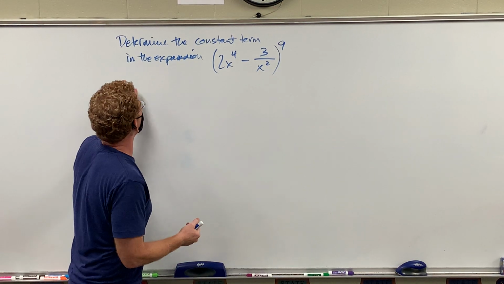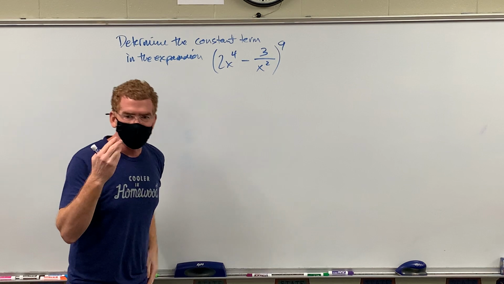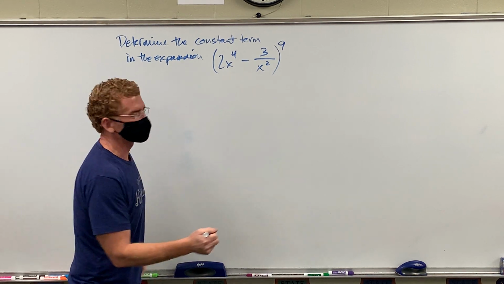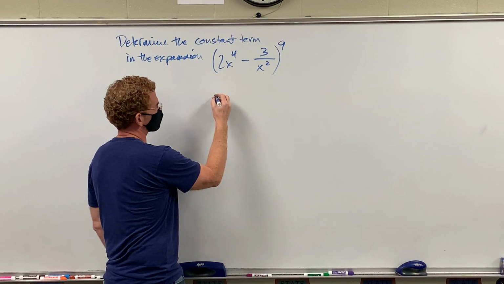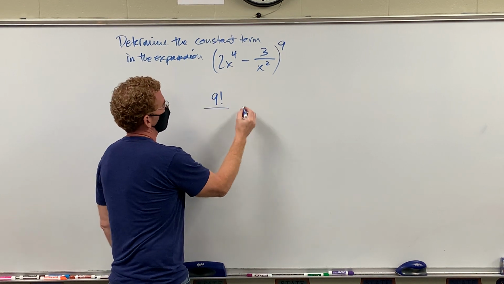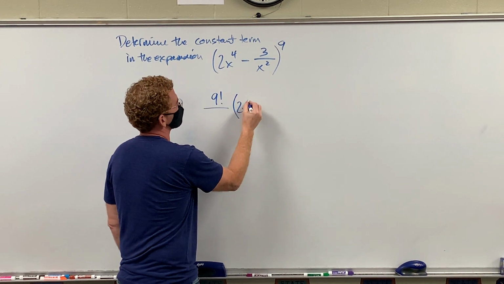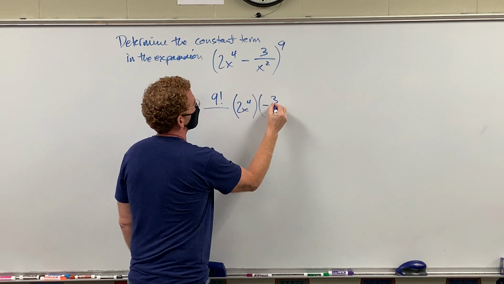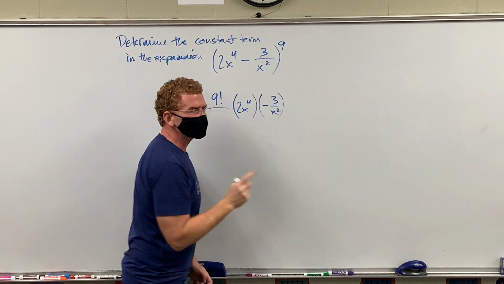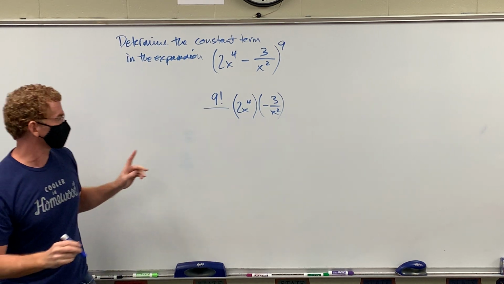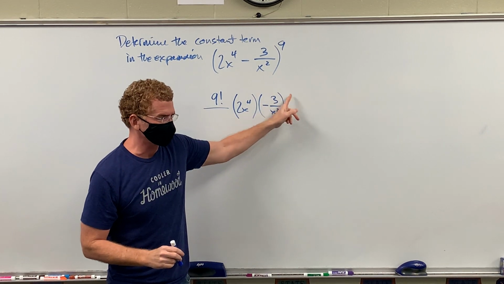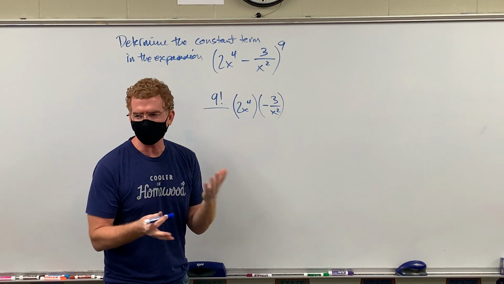But now watch. You don't even have to overly think too much. Because anytime I'm asking for a certain term, what can you always do from the beginning? 9 factorial over something, and then you can write 2x to the 4th, negative 3 over x squared. The only difference here, we don't know what term it is. And if I don't know what term, I don't know what to just put right here, do I? But let's just be creative.